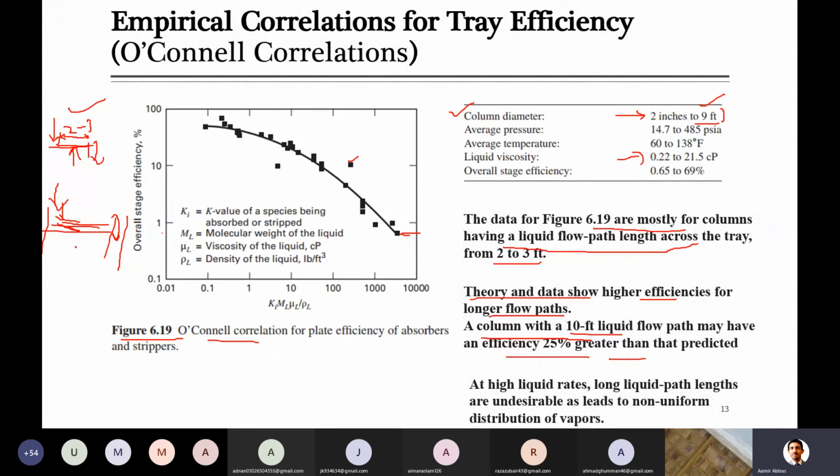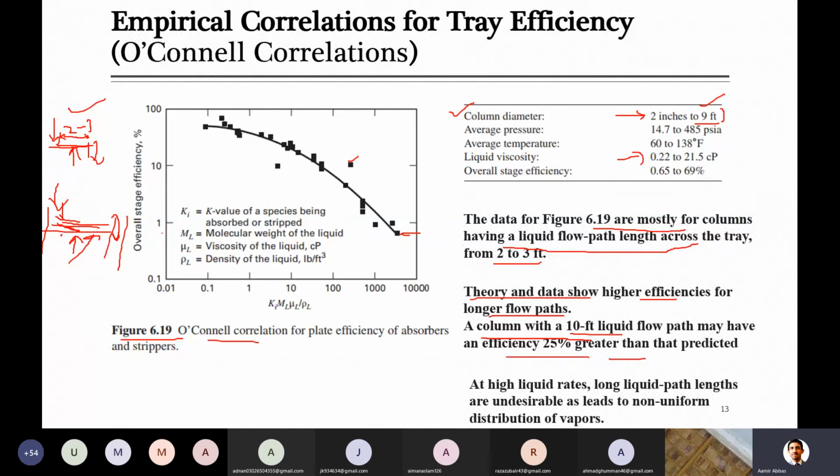So what will happen when vapors are trying to move upward and they find resistance here, because there is a large amount of liquid on this side of the tray, then they will try to find some path which is easy to flow, and that will be the other side of the tray where there is still a smaller amount of liquid, as compared to this side where it is just falling down and a huge amount of liquid is there.